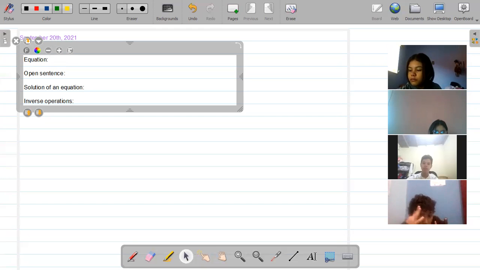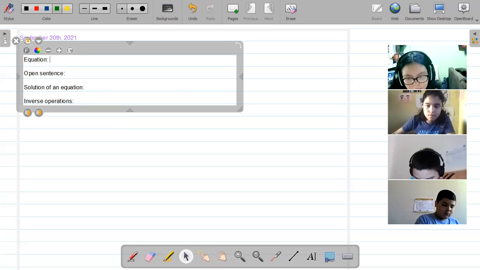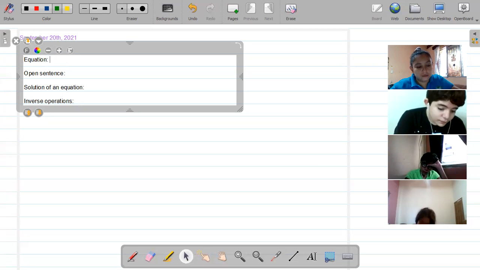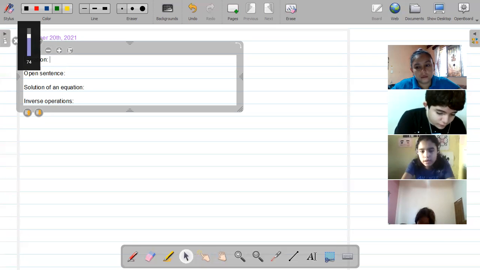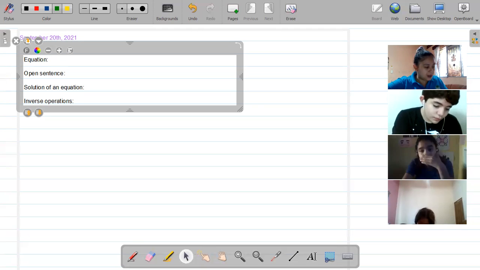Or to what word does it resemble at least? Igor gave us already one definition. Someone else? A mathematical phrase. Okay, that's really big words. What else? Without reading the book, what do you think an equation is?